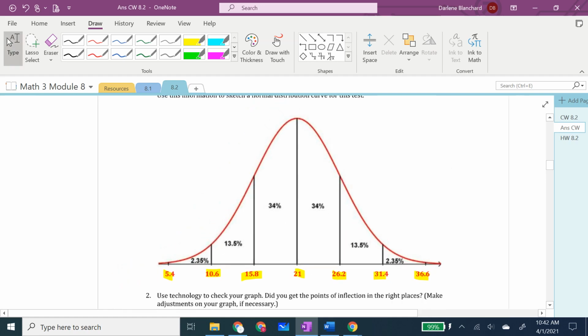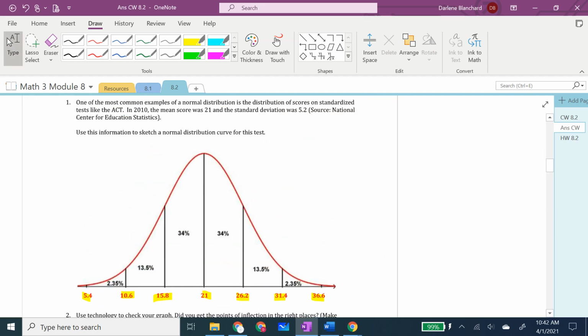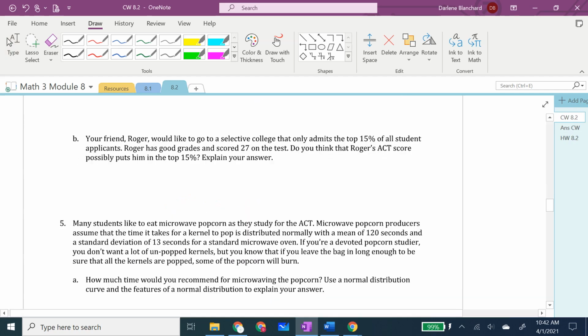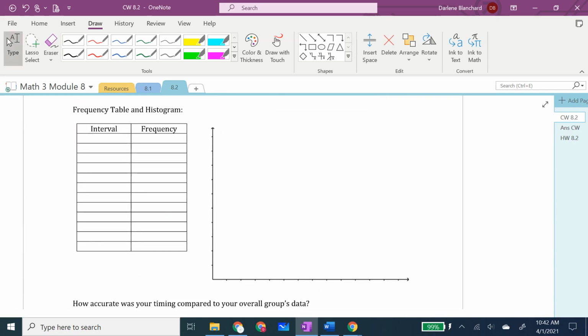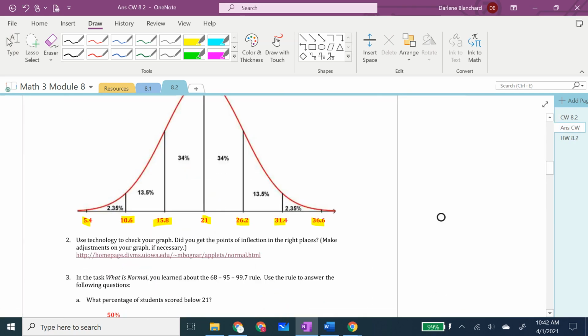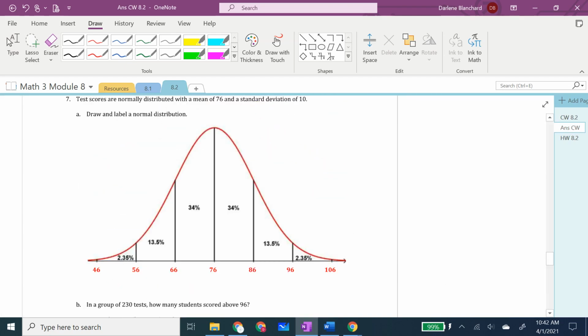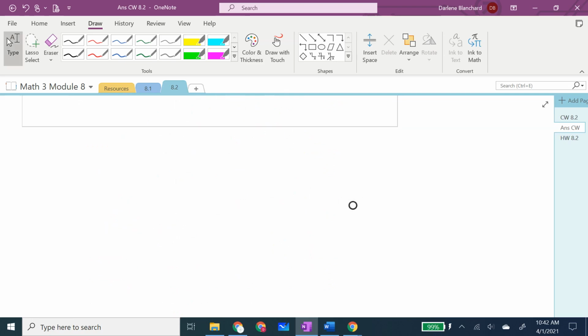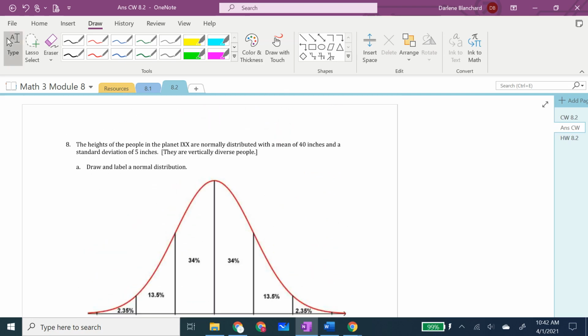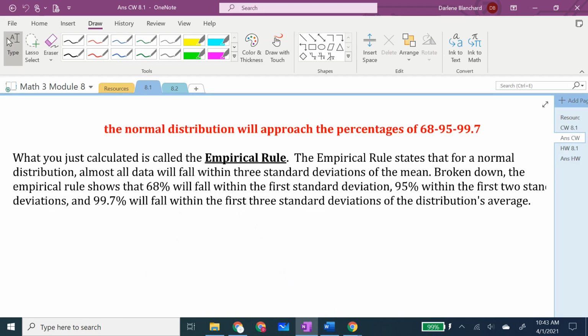Based on the information, this is showing that, now I forget the percentage number. Let me look at it again. I'm in the wrong area. There it is. 68, 95, 99.7.